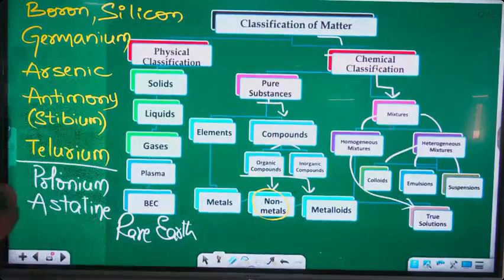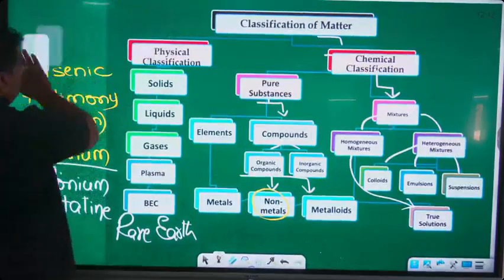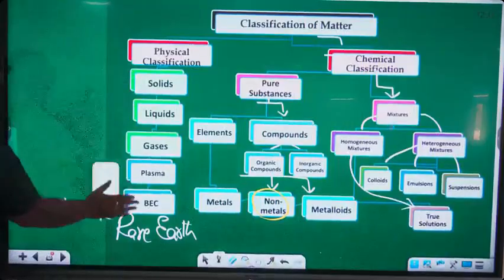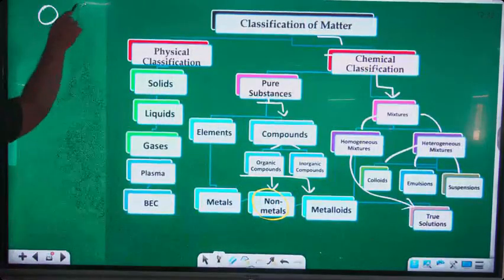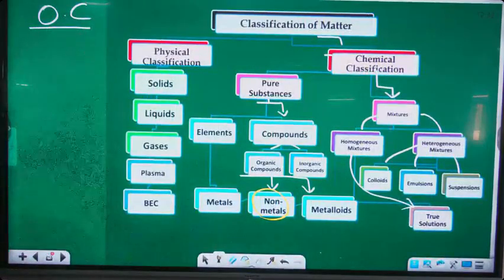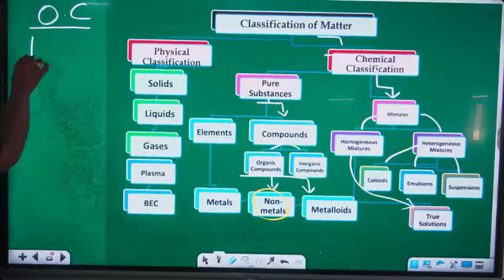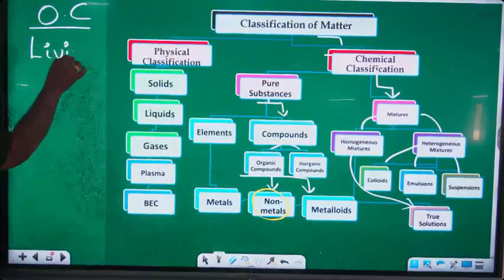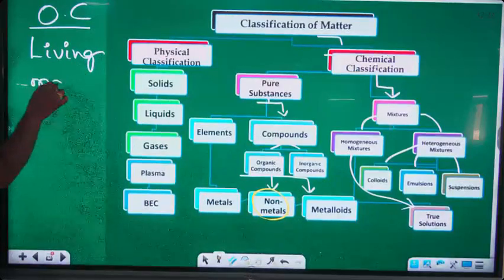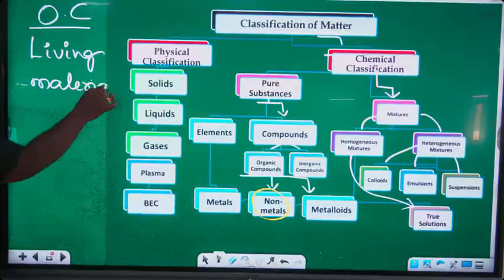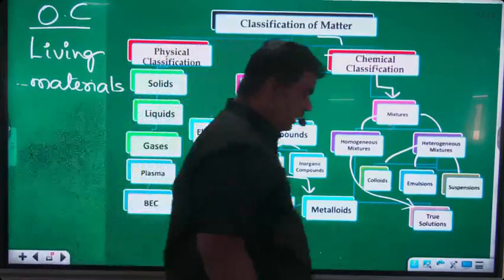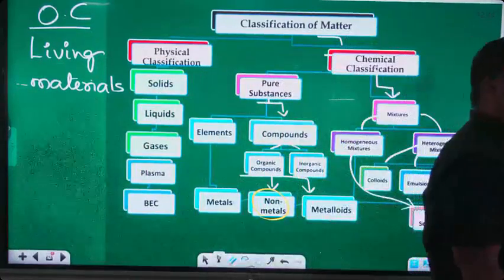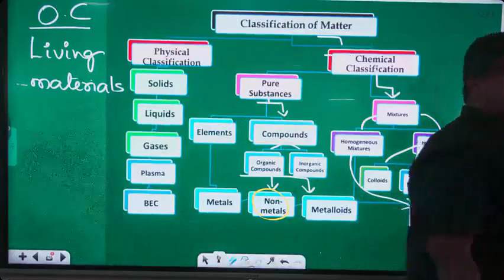Then coming to the case of compounds. Compounds, you have got 2 different types of compounds. One is organic compound and the other one is inorganic compounds అన్నాం. So the moment talking about the case of organic compounds, any compound which is obtained from living materials, జీవరాశుల నుండి లభించే వాటిని, any compound which is obtained from living materials. మరి living materials అంటే ఏంటి?